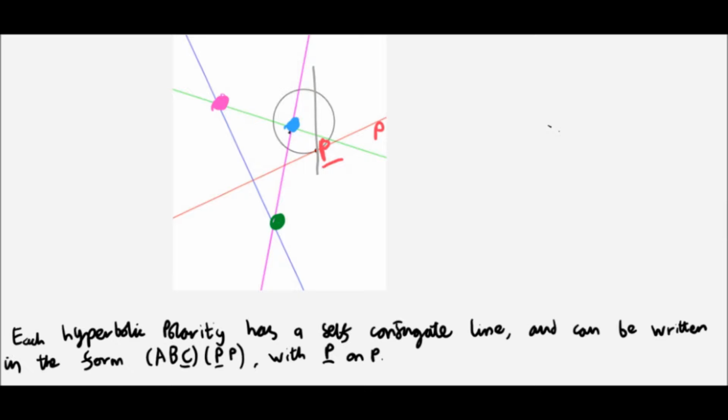We're not only claiming that the self-polar triangles all exist when we have these conics to play with, or when we have hyperbolic polarities, which they do, we're also assuming that there's going to be an extra self-conjugate point.